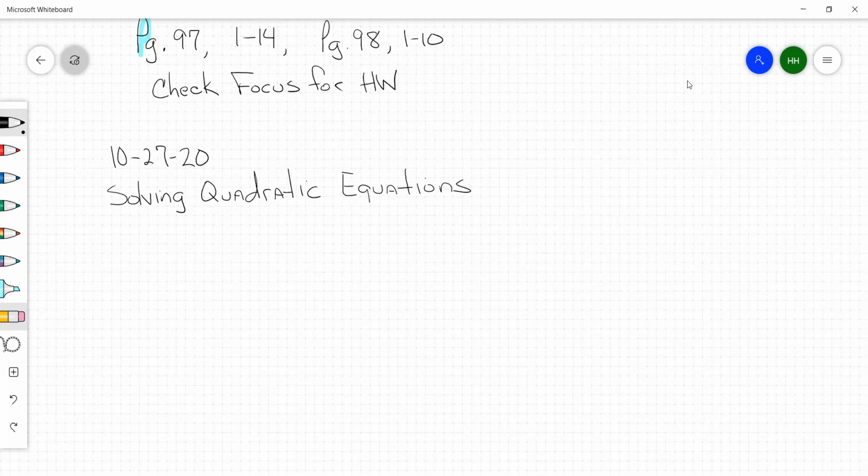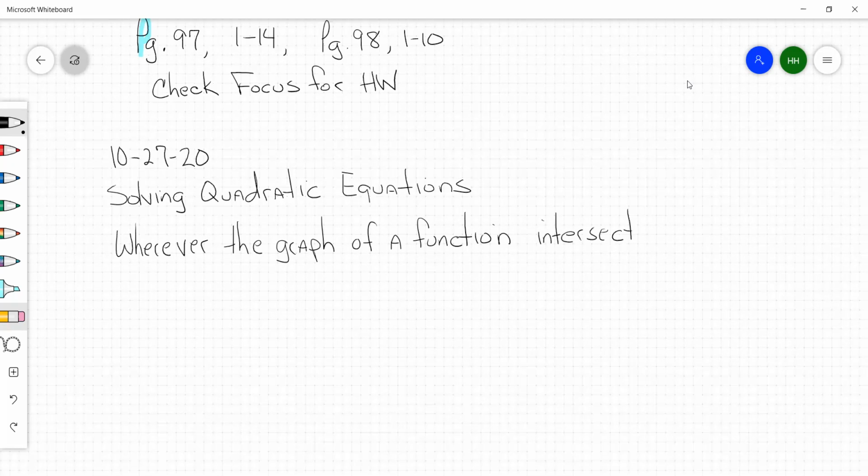We're going to say that wherever the graph of a function intersects the x-axis, the function of x is equal to 0.